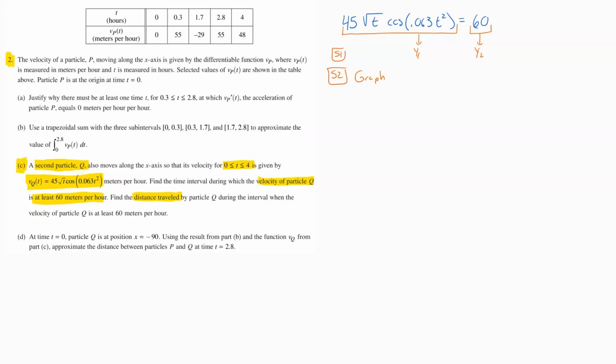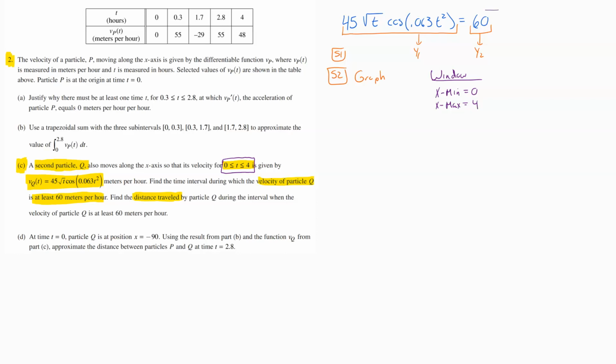When we go to graph this, we're going to want to adjust our window, and we're going to want to adjust it for two reasons. One is we know that the interval we care about is limited to 0 to 4, so we don't care about intersects that happen outside that window. So we would want to adjust our x min to 0 and our x max to 4.